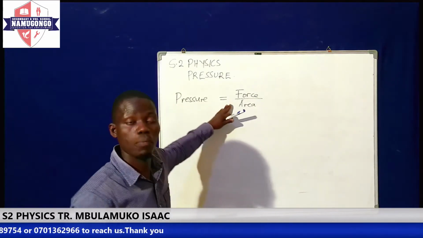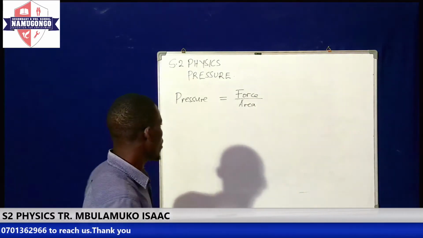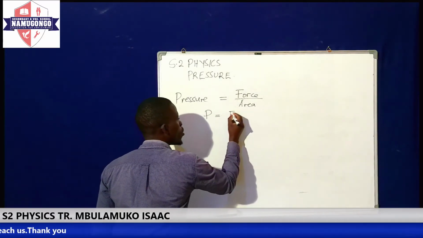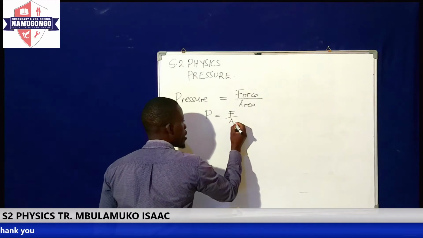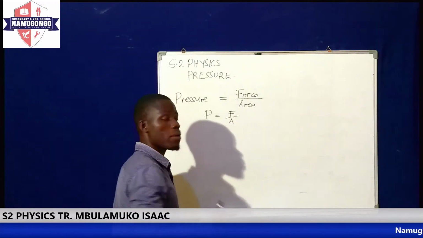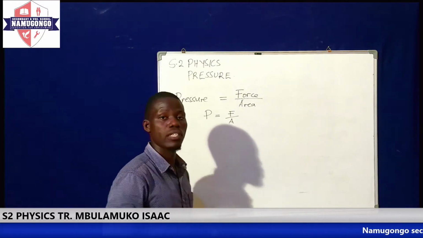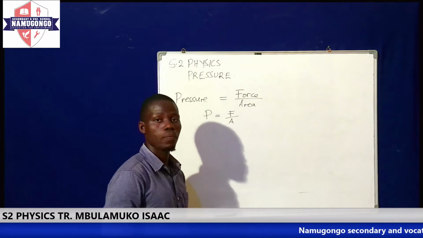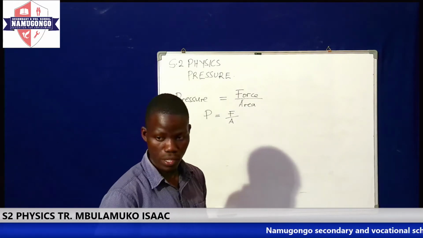That is our simple formula of pressure. We can use the letters: P standing for capital F divided by A. Wherever you go, from Uganda to any part of the world, pressure remains the same. It is a force acting normally per given unit area of the surface.